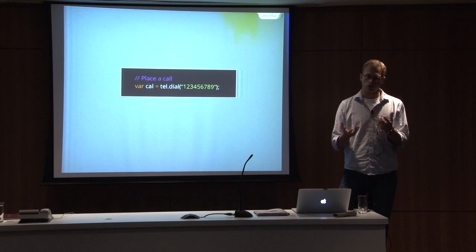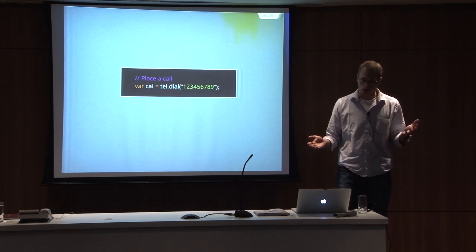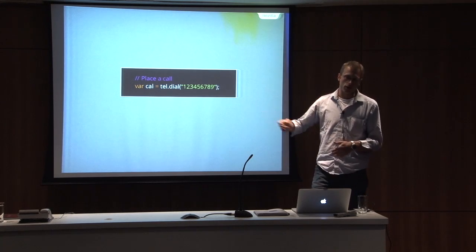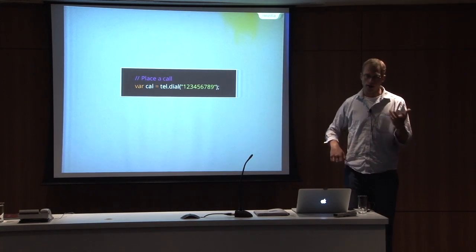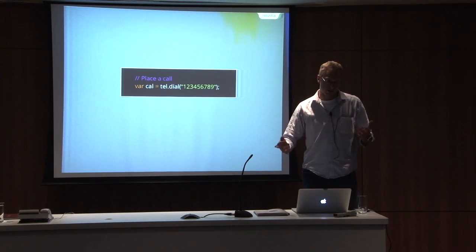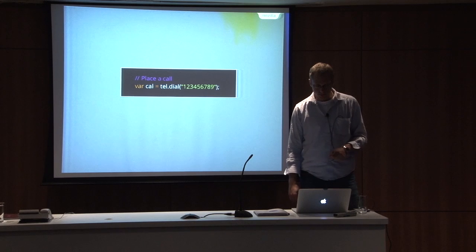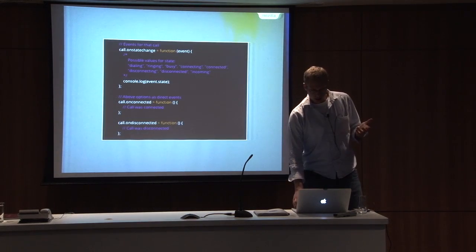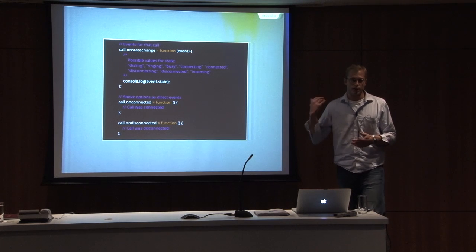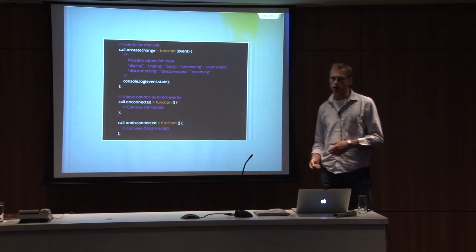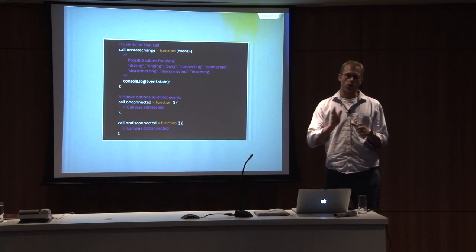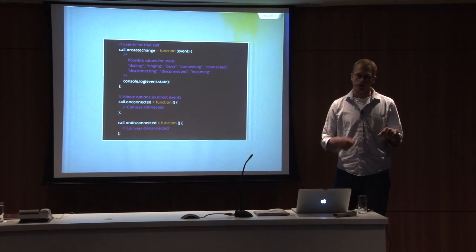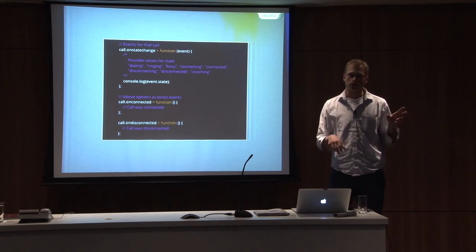A lot of the times this is actually what we call a request. For telephony, the abstraction that we chose that makes the most sense is a call. On this call object, you can listen for state changes. And again, this is a pattern that goes through a lot of these APIs, that you listen for events on these requests.